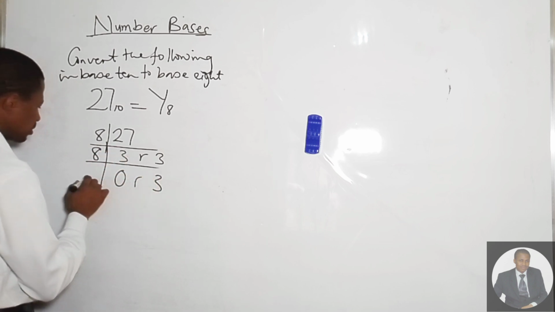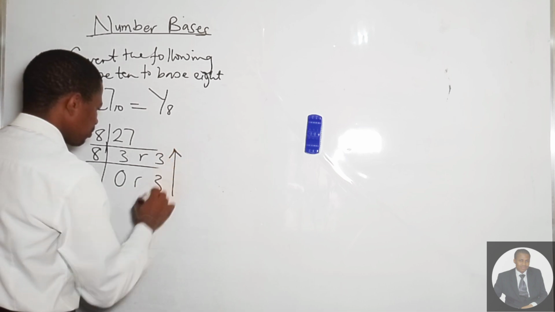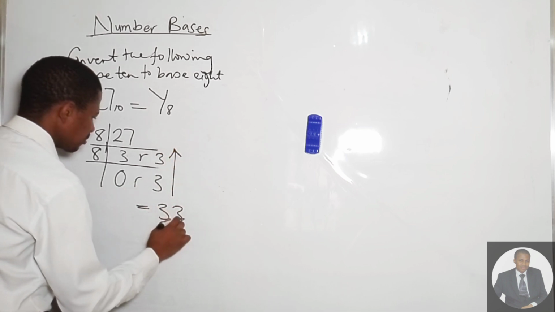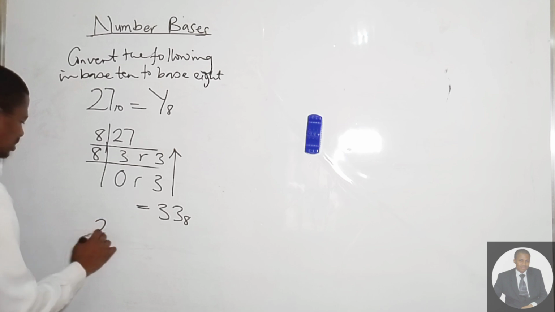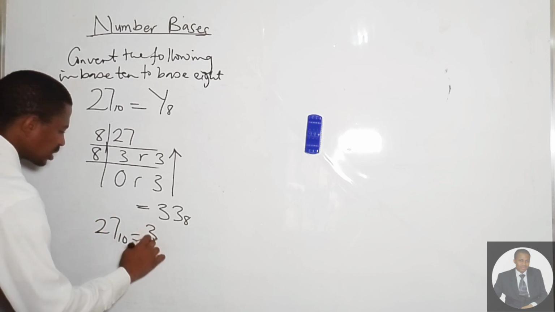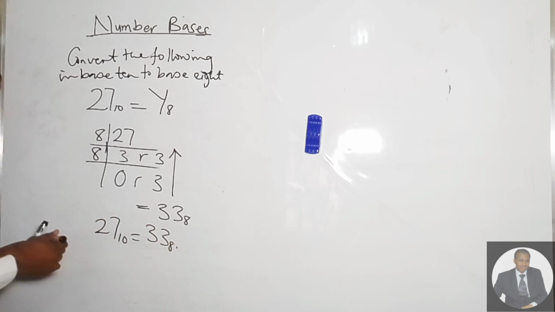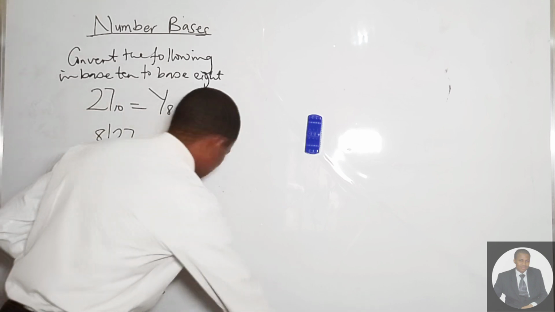We write the 3. Writing the number upward, we have 33 base 8. So our answer is 27 base 10 equals 33 base 8.